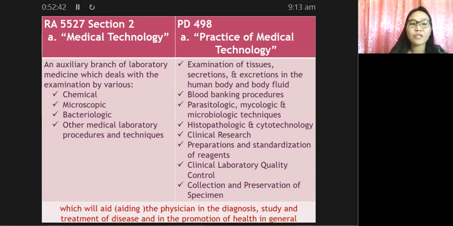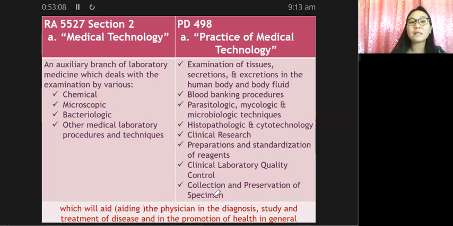Microscopic, bacteriologic, and other medical laboratory procedures and techniques. So as you can see, it's not really detailed. Okay, and of course, because of the different developments that took place in this particular profession, there was a need to provide a more comprehensive definition of the practice of medical technology.